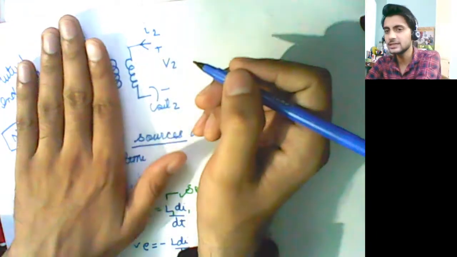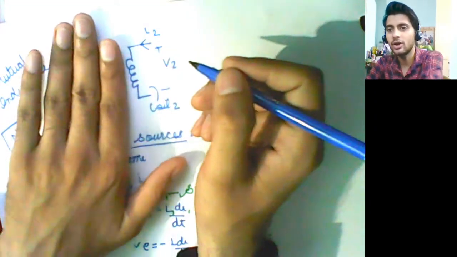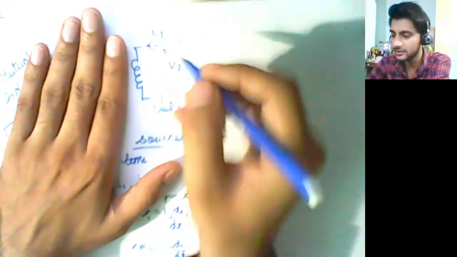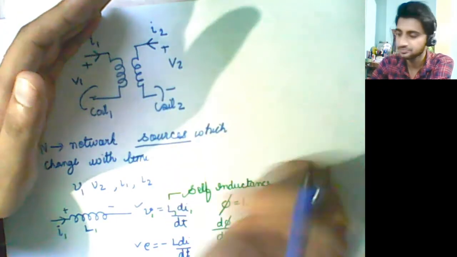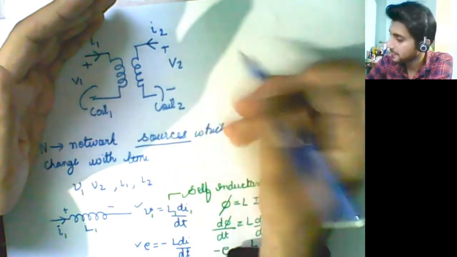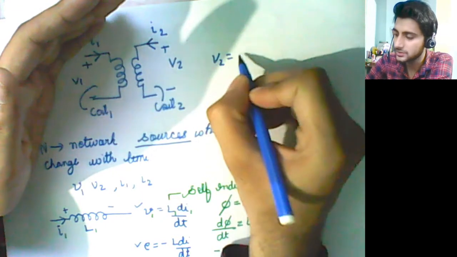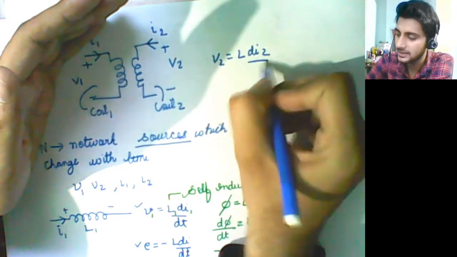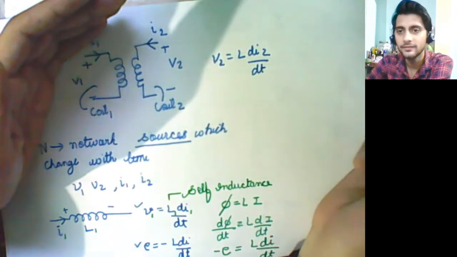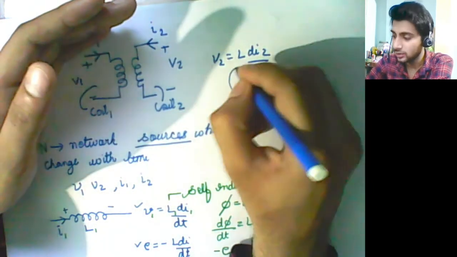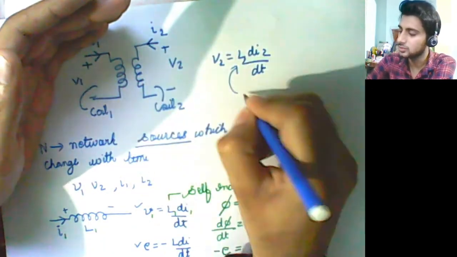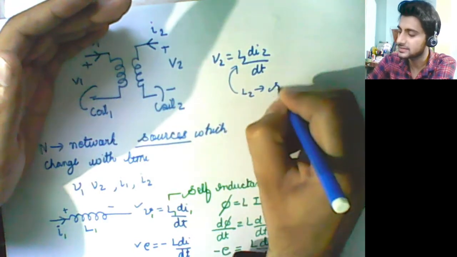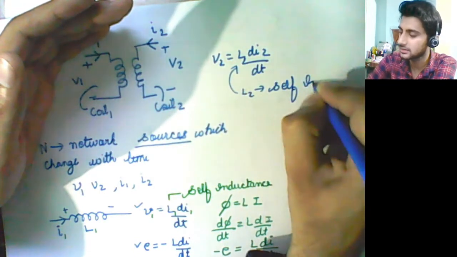In that case, if this second coil would not have been present there, then we could have taken, it's simple, V2 equals L di2 by dt. Fine. So this L over here, let me call this L2, this L2 is a self-inductance, not the mutual inductance.